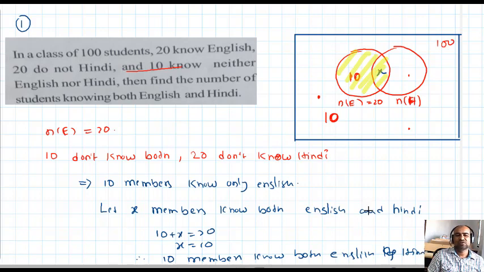Okay, problem completed. Sometimes they'll ask how many members know only Hindi. After getting this 10, let this be Y, and 10 plus Y plus this 10 should be equal to 100. From there we will get how many members know only Hindi. So you can do that also. Actually it is not asked here.